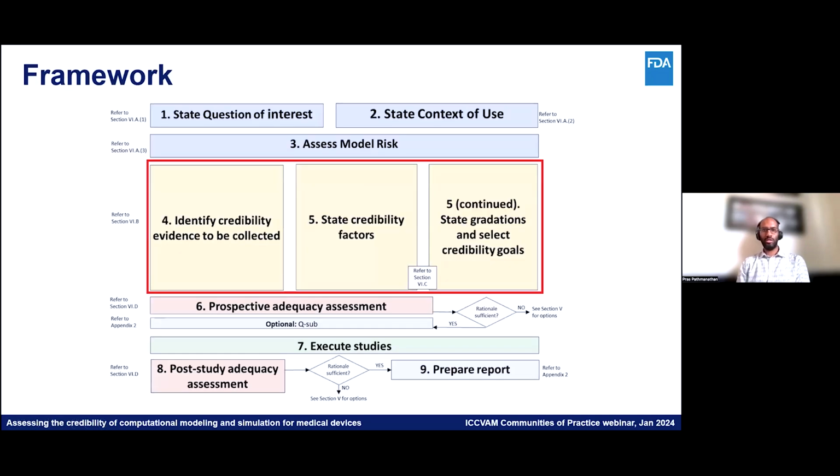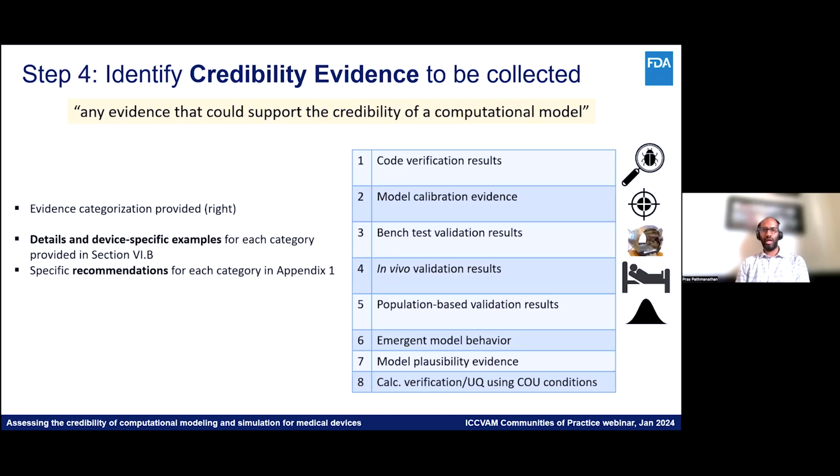Then the next steps are related to planning the credibility assessment. This follows the approach of V&V 40, but we introduced a new concept, something that we call credibility evidence. We define credibility evidence as any evidence that can support the credibility of a computational model. And we provided a categorization of different types of credibility evidence.